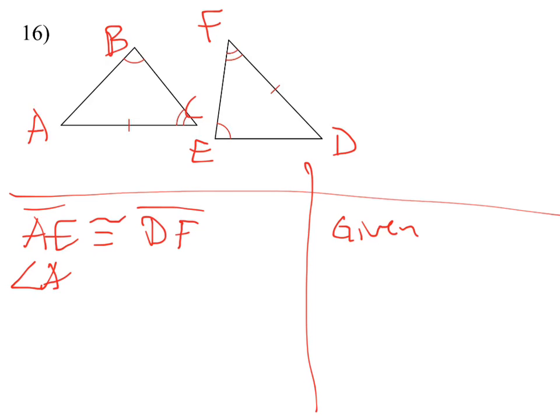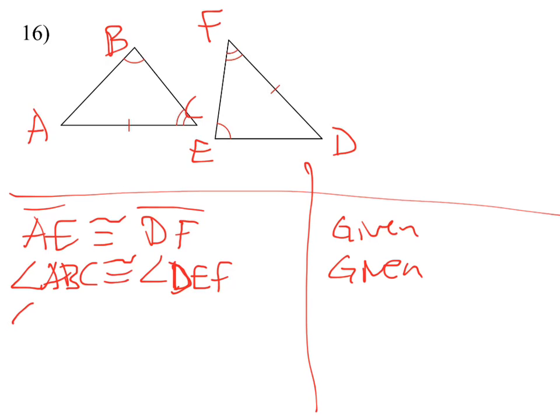So we got angle ABC is congruent to angle DEF. That's a given. And then angle BCA is congruent to angle EFD.